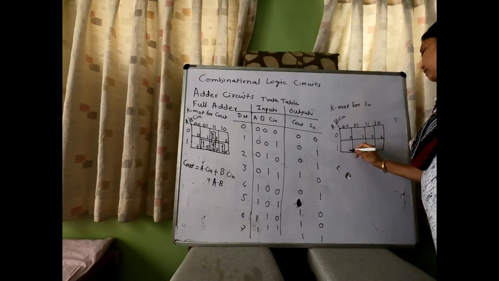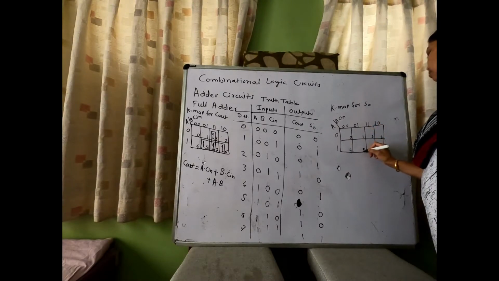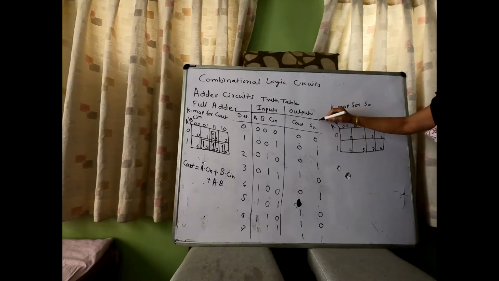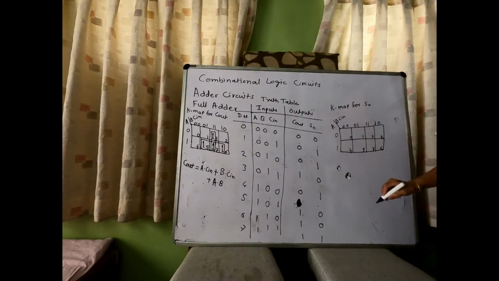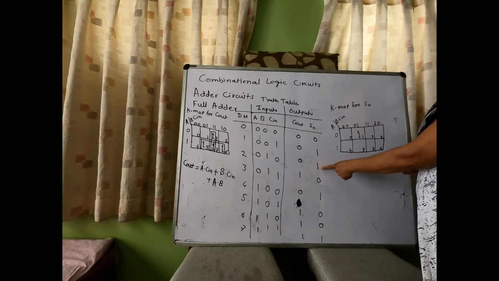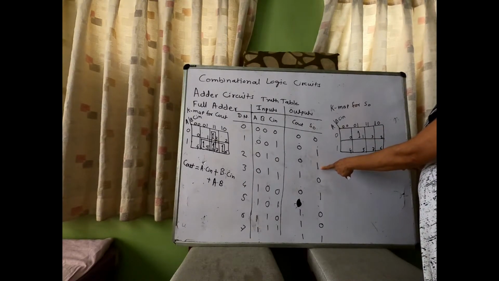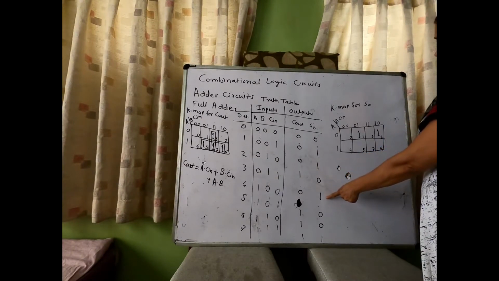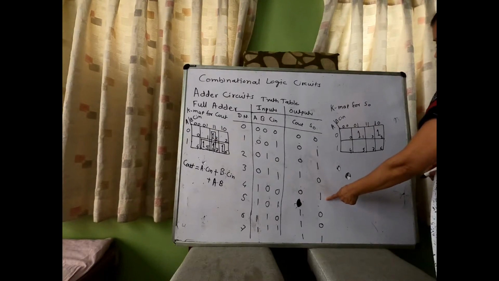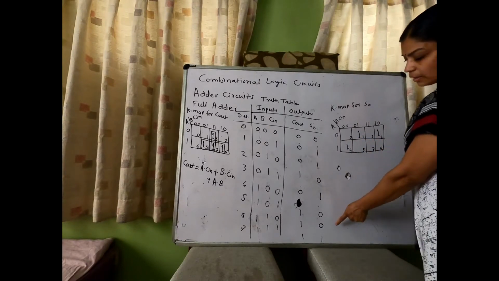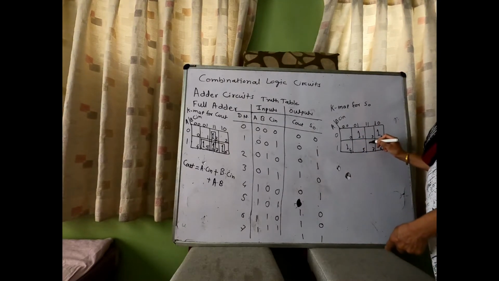Here 100 as 4, 101 as 5, 111 as 7 and 110 as 6. Now observe this column for the sum output. Here it is 1 for cell number 1, 1 for cell number 2, 1 for cell number 4, and 1 for 111, that is 7.